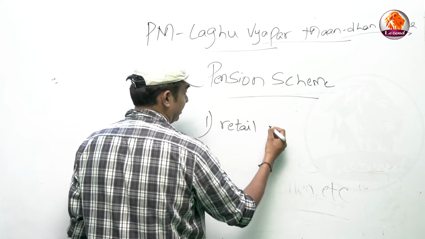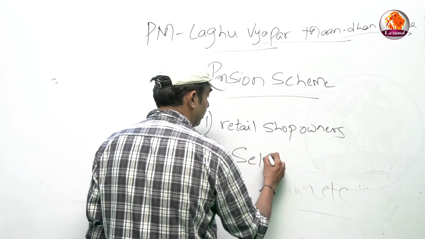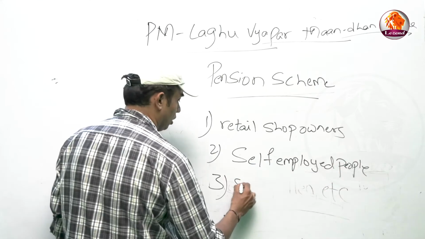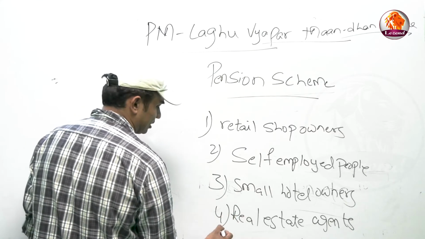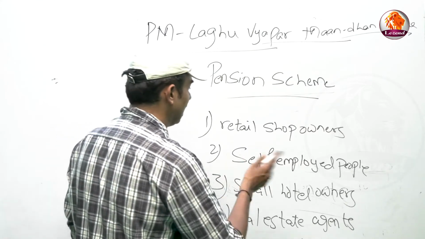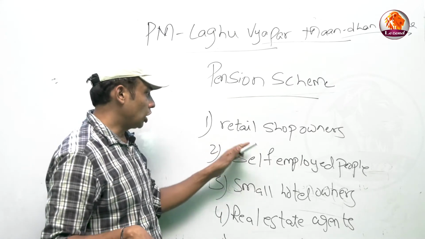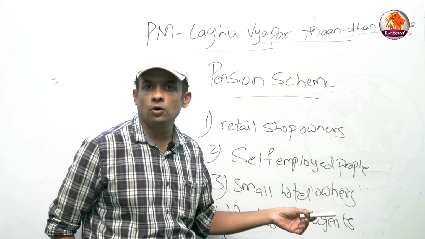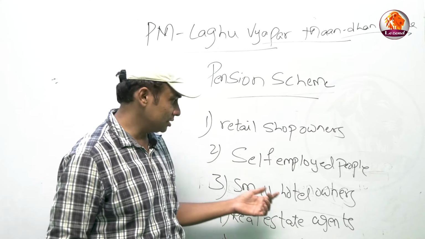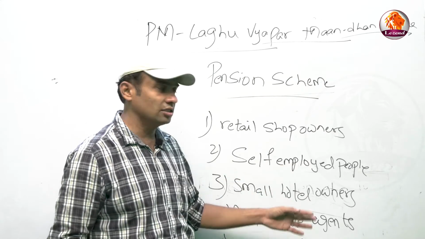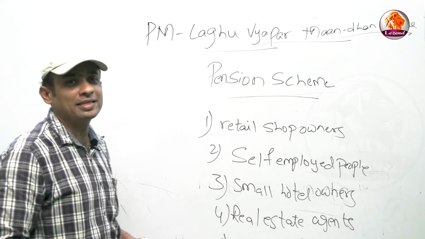For all the retail shop owners, self-employed people, small hotel owners, real estate agents, oil mill runners, rice mill owners, all these sorts of self-employed people. Okay, so what will be the benefits?